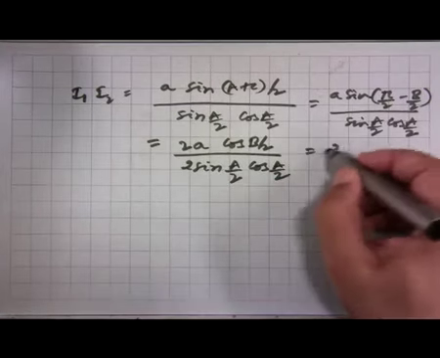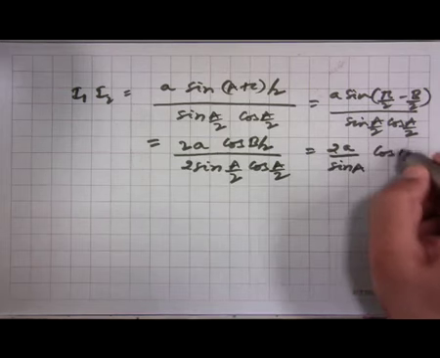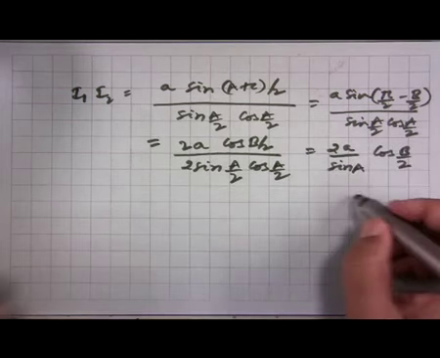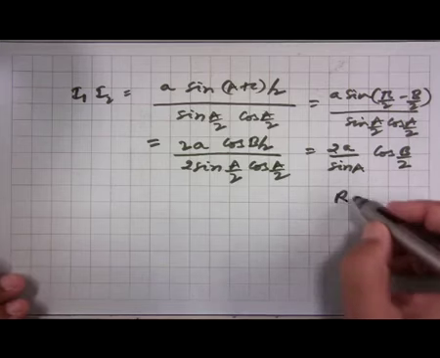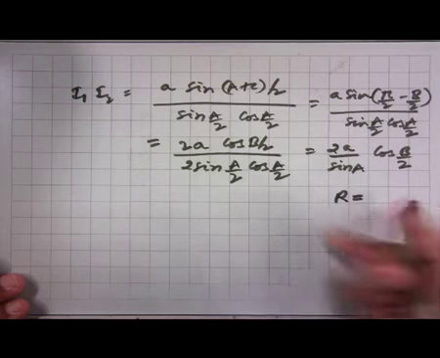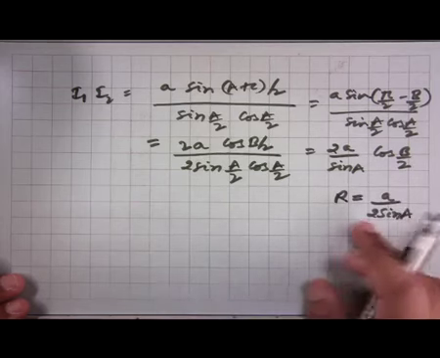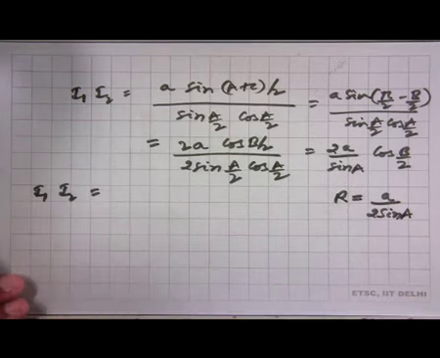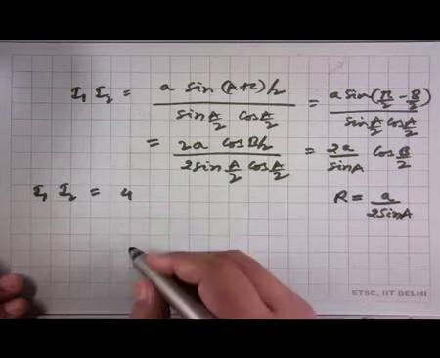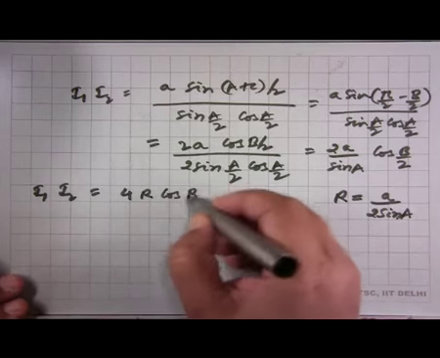So, what we have is 2a upon sin A times cos(B/2). But we know that for the triangle ABC, the radius of the circumcircle, the circumradius, is equal to a upon 2 sin A, and therefore, using this, we finally get that I1I2 is equal to 4 R cos(B/2).